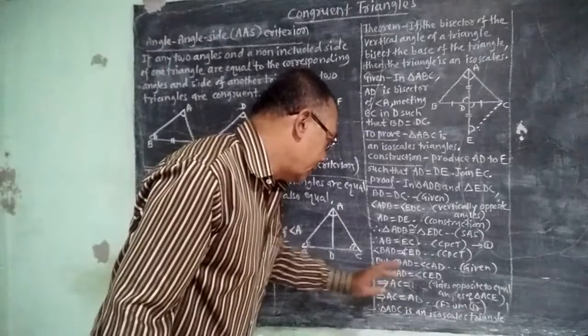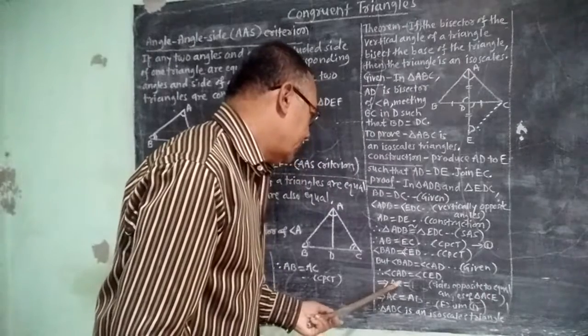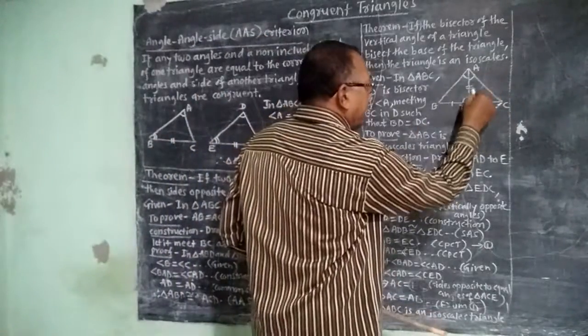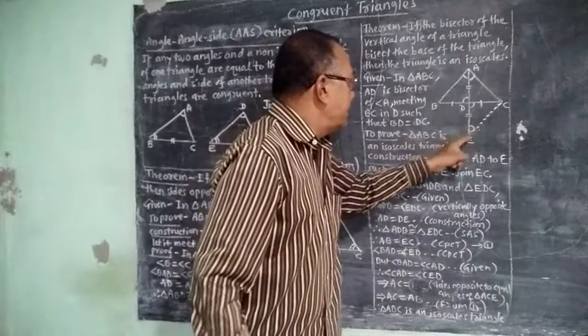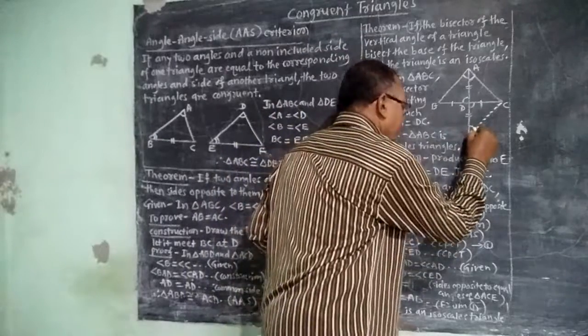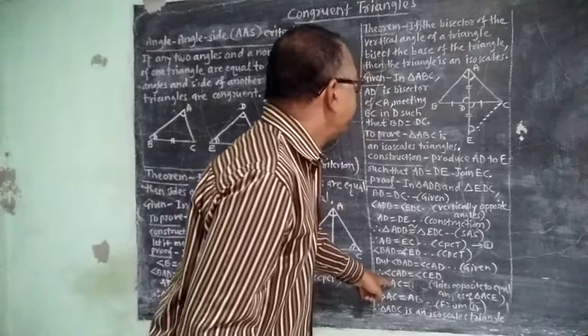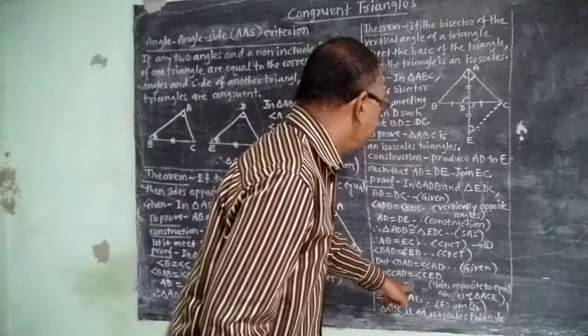So here we can write angle CAD, means this angle, is equal to angle CED. And therefore we get AC is equal to CE.